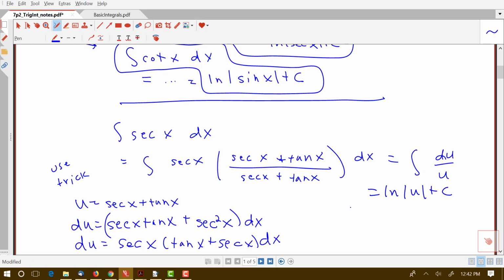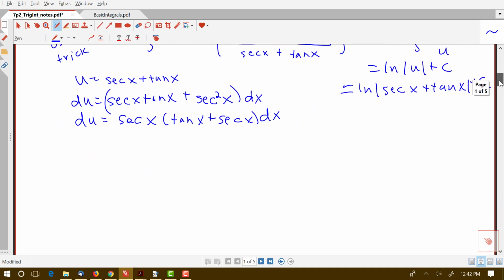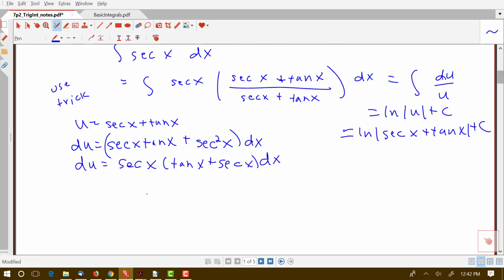So we get log of the absolute value of u, or log of secant x plus tan x plus c. Okay, so now you can see where that rule comes from for the integral of secant x. So we've got the integral of secant x dx is log secant x plus tan x plus c.